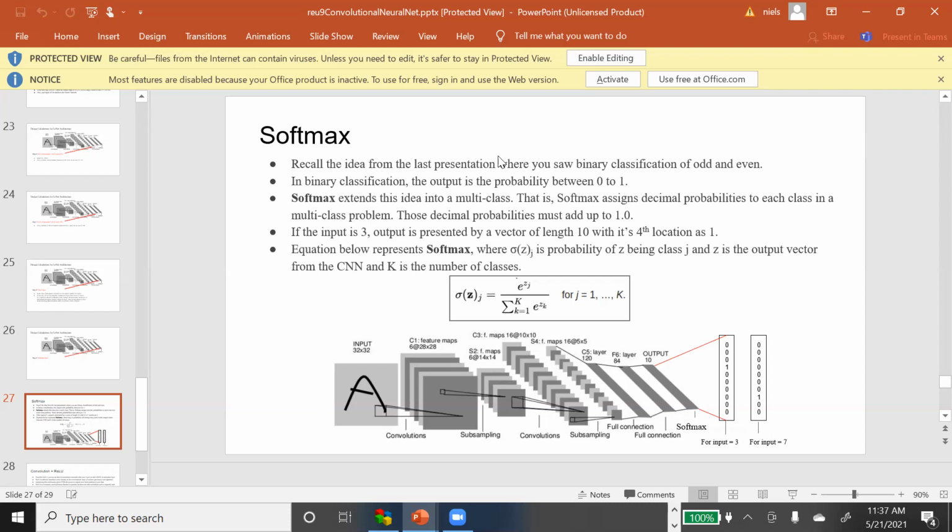If they're small and only the 2 has a big probability, then that's good news. Then I get a small error, right? So what this process does is it pushes the winner closer and closer to being the 1, and it pushes everybody else closer and closer to 0. That's what it's called softmax. Okay.